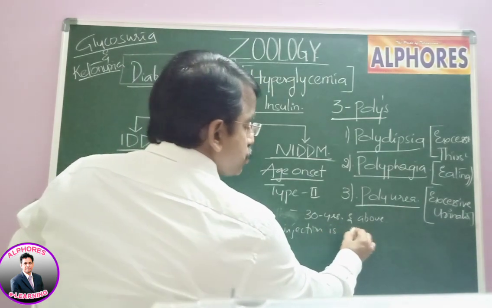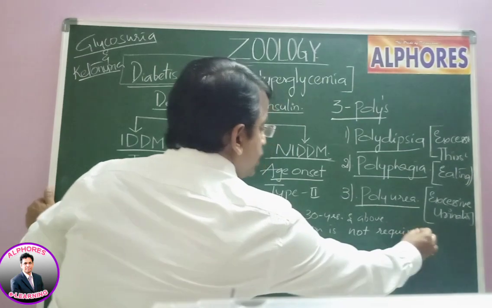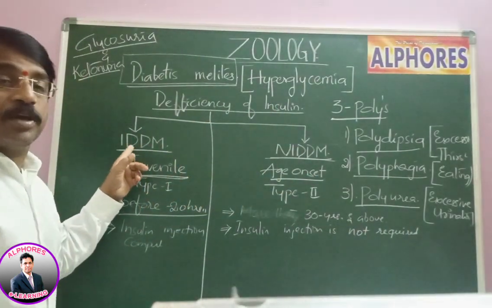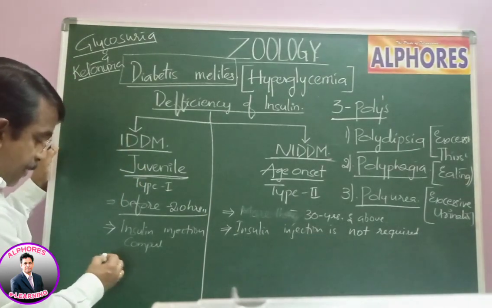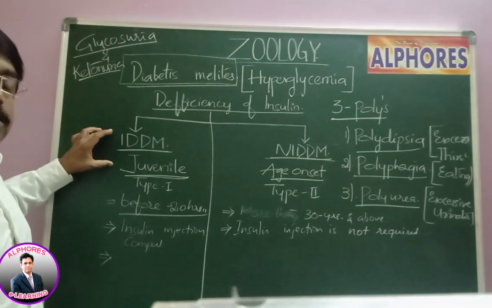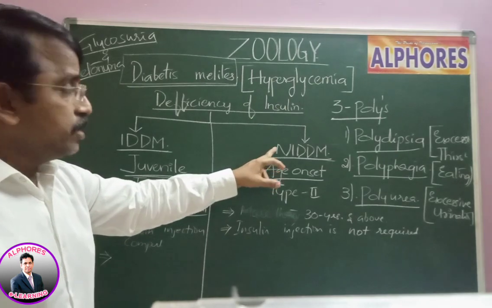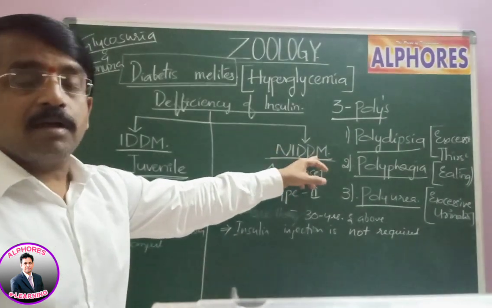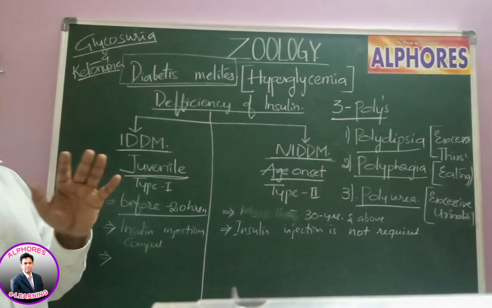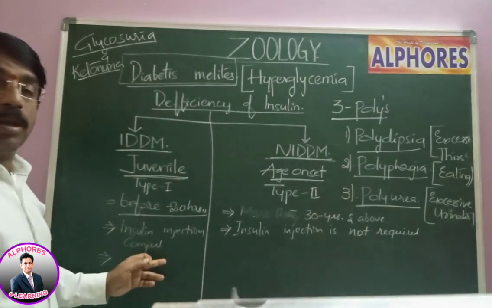That's the reason why it is non-insulin dependent diabetes mellitus. And apart from that, regular exercise and meditation can cure non-insulin dependent diabetes mellitus. But for insulin dependent diabetes mellitus, regular exercise and a regular diet cannot control it.